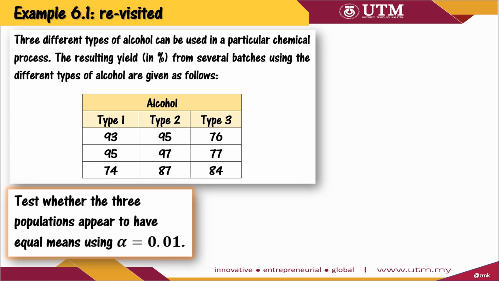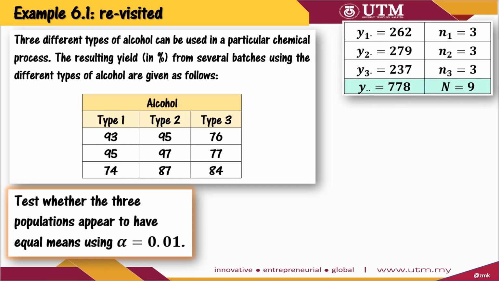Therefore, you should use a one-way ANOVA to perform this hypothesis testing. What you need to do first is to calculate the level total and the grand total and list them as follows. You may identify also the sample size n_i from every level and the total sample size capital N.